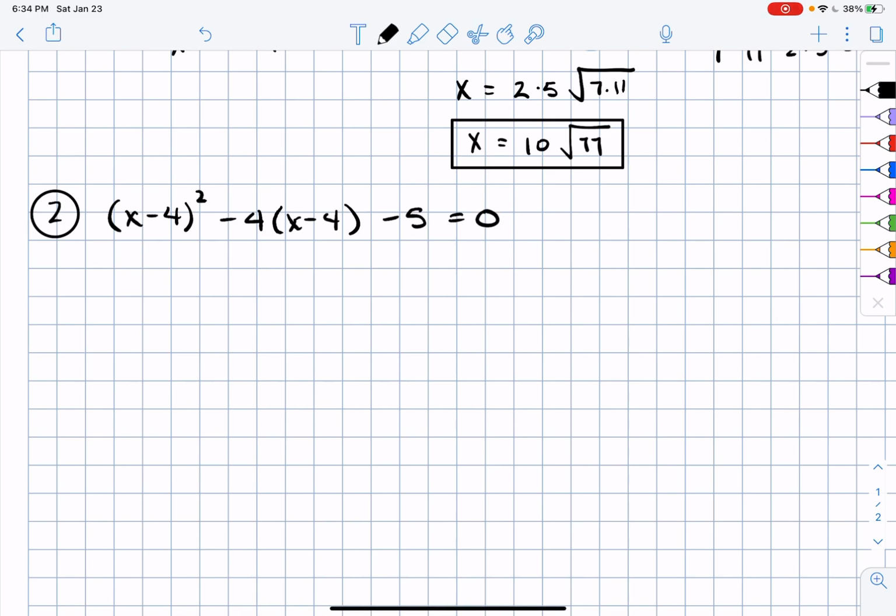It says to use proper substitution. Now, you could do this by FOILing out the first part. You're welcome to do it this way. FOIL this out or double distribute, distribute this out, and then combine like terms.